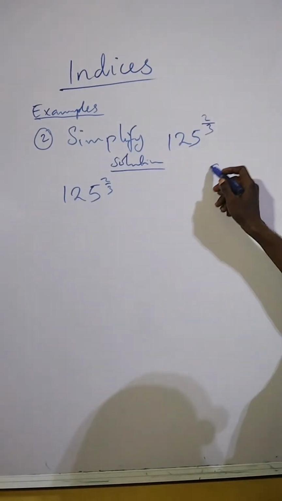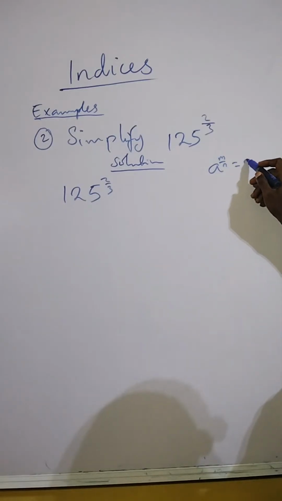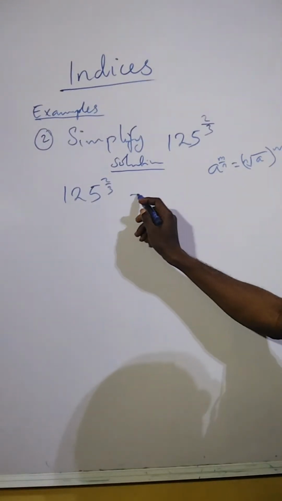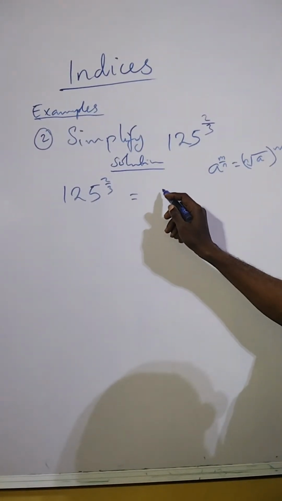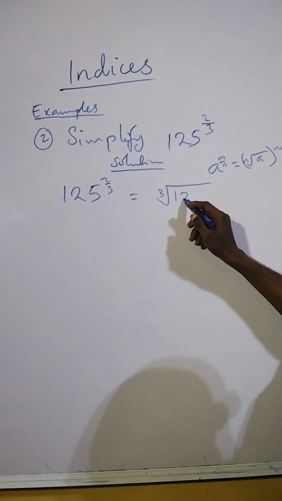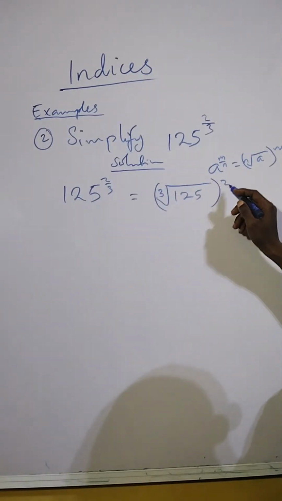The law we apply is a raised to power m over n, which is the same thing as the nth root of a, all raised to power m. So just write this down. We have the cube root of 125, all raised to power 2.